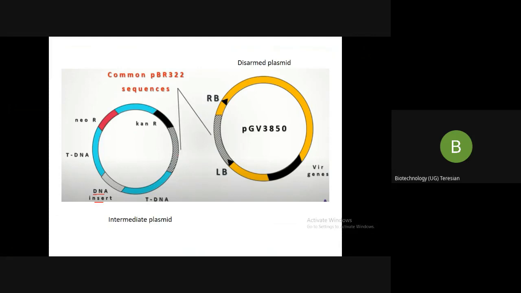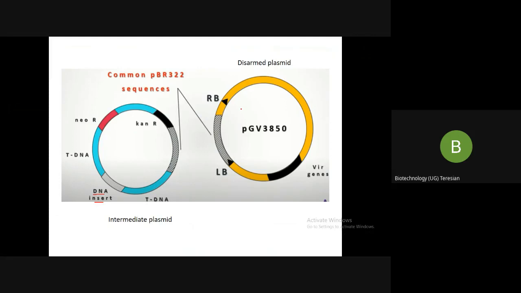First, let us see what is the meaning of disarmed plasmid. Now, disarmed plasmid means, as I said in the last class, we know that in the transfer region of your Ti plasmid in the Agrobacterium, there are what are known as auxin and cytokinin genes.